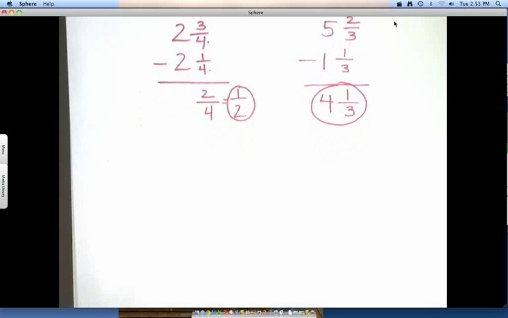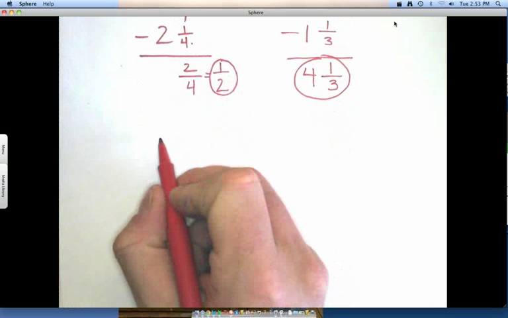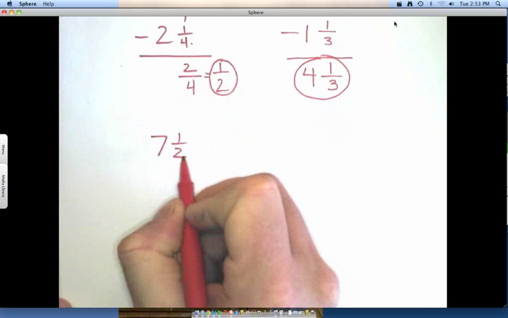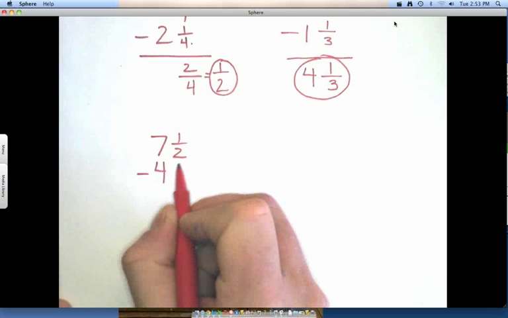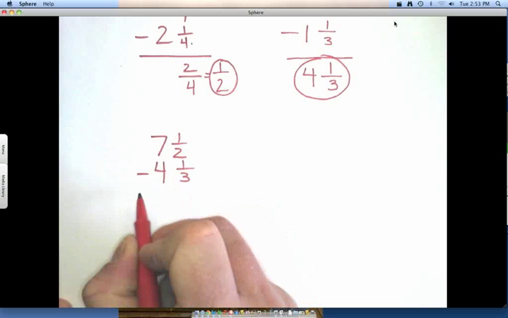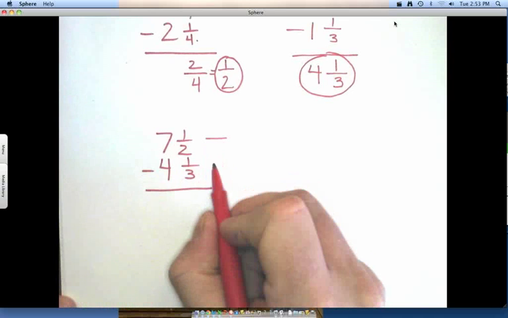Let's do one when your denominators are not the same, but you do not have to rename. Let's say I have 7 and 1/2, and I'm subtracting 4 and 1/3. Again, do a least common multiple.